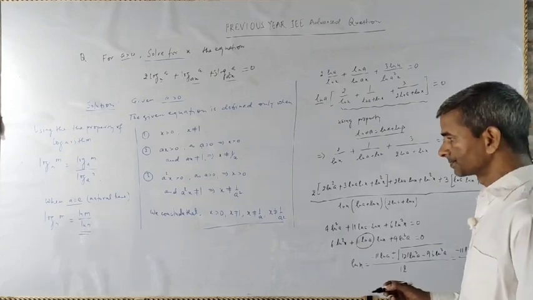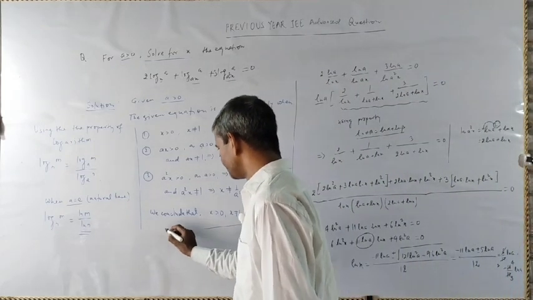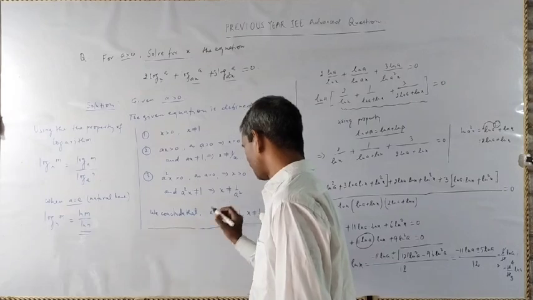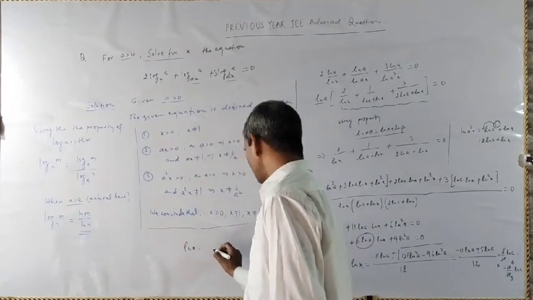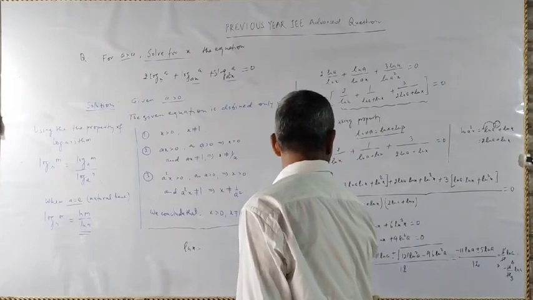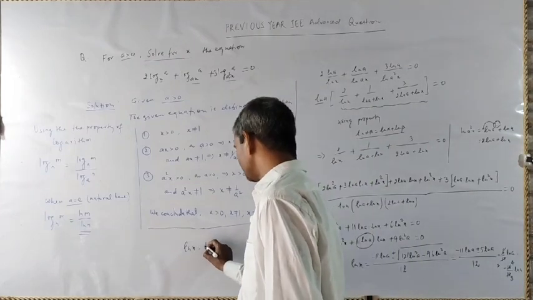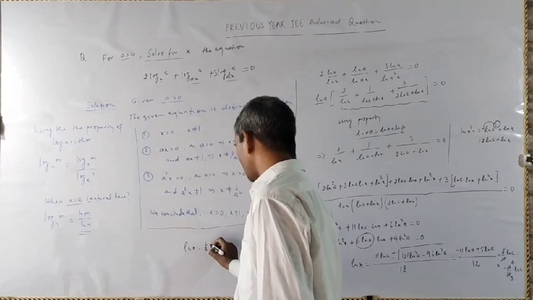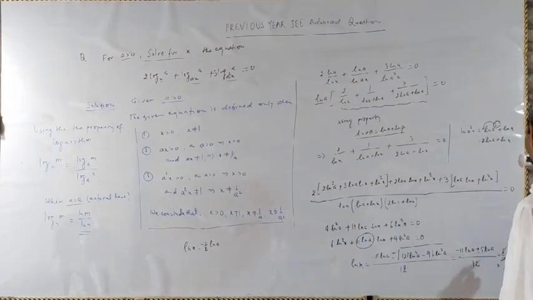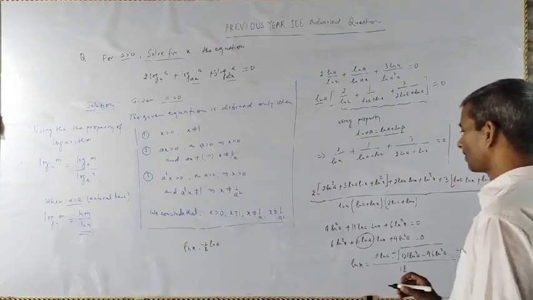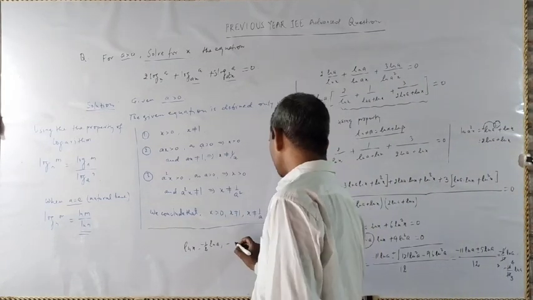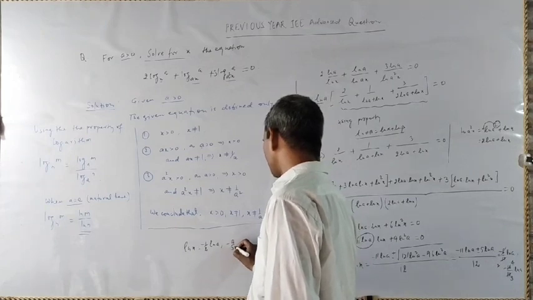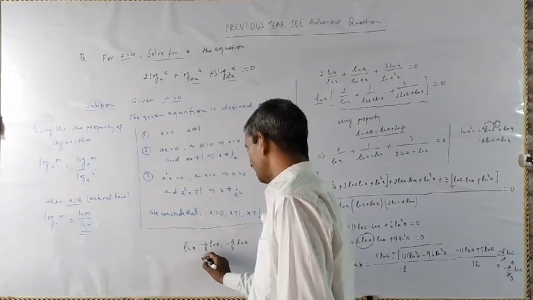Therefore, coming here, ln x is equal to minus 1/2 ln a and minus 4/3 ln a.